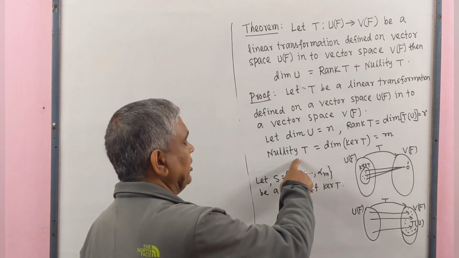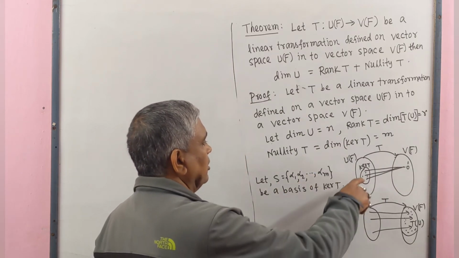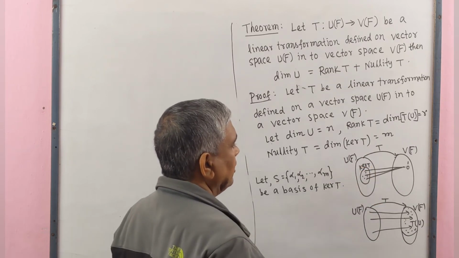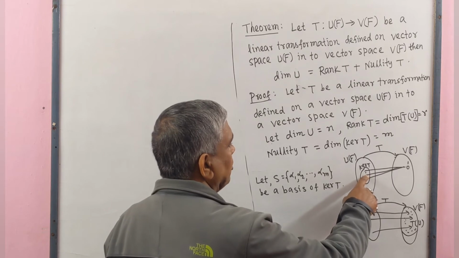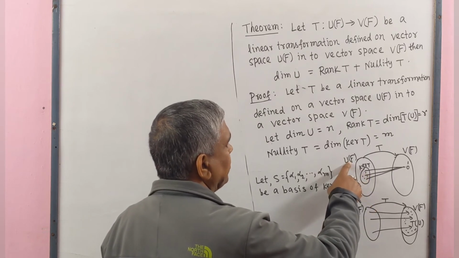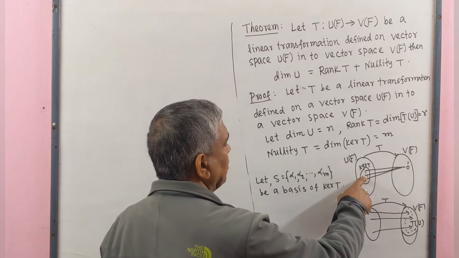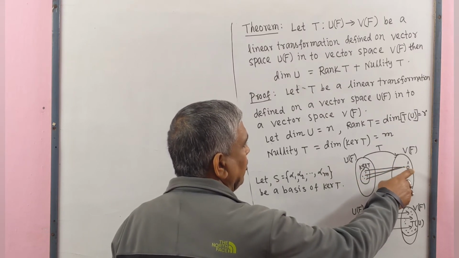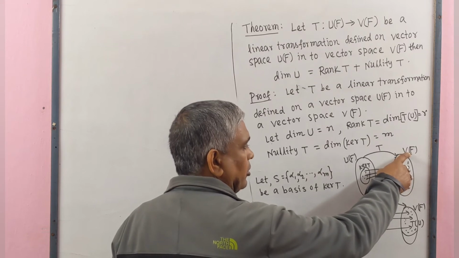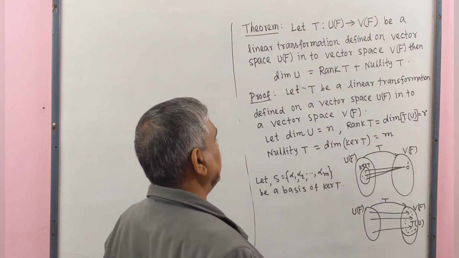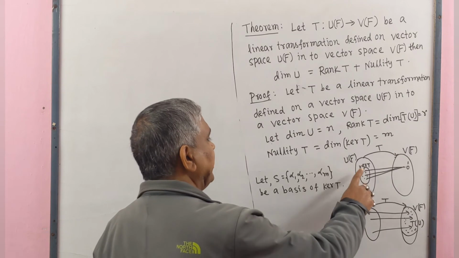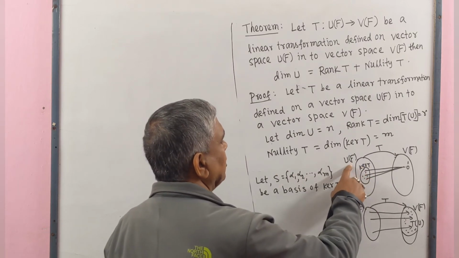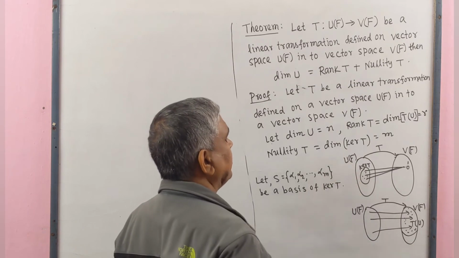Now nullity of T. This is ker T. Ker T contains all those elements of vector space U(F) whose image is zero element of vector space V(F), and we know that ker T is also a subspace of vector space U(F).